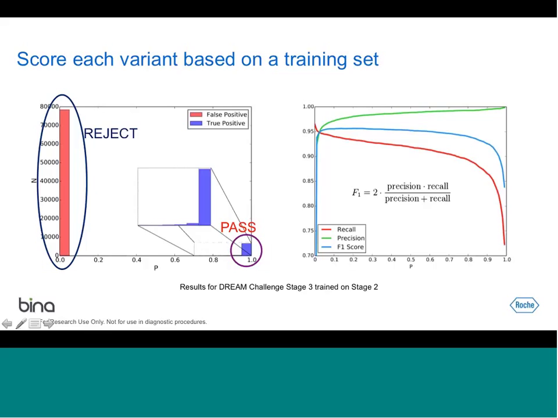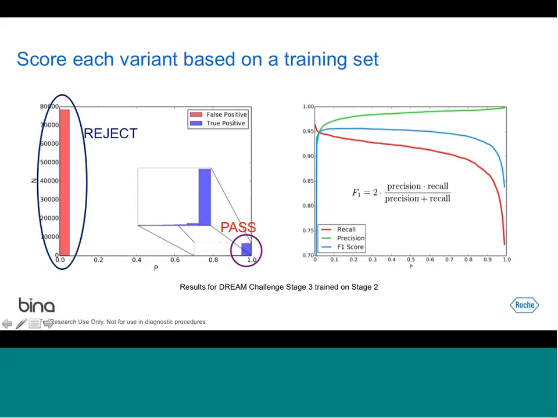On the right is a way to see how the results change if you pick a different probability as a threshold. The red line here is the recall, or sensitivity. The green line here is the precision. As you demand a higher probability score, you get higher precision but lower sensitivity, as expected.